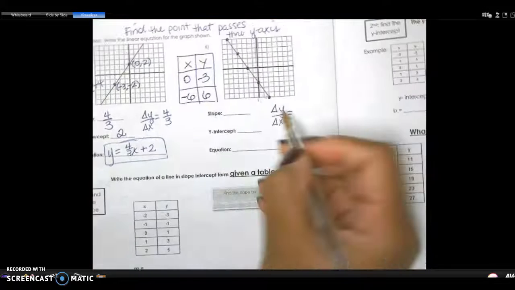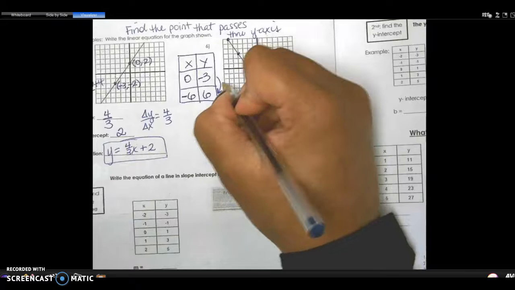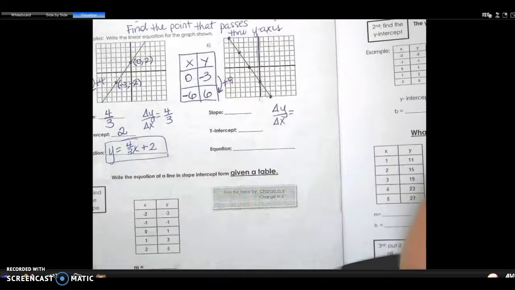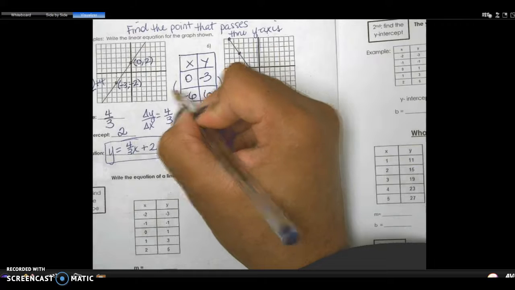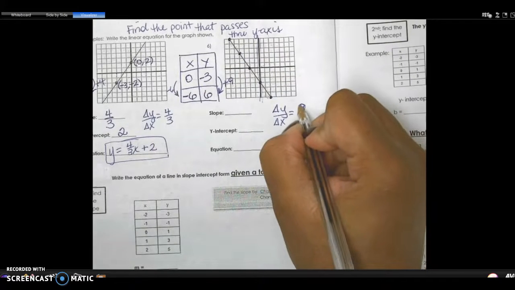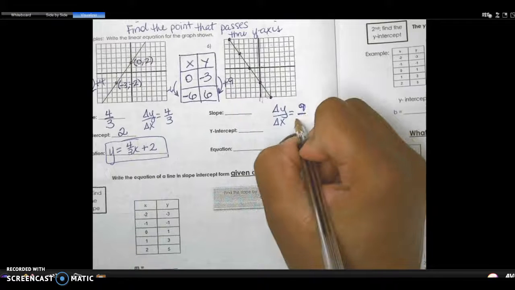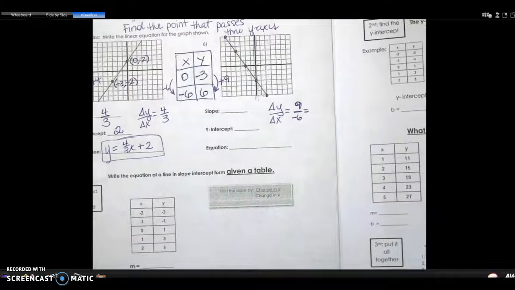Then, over here, how do I get from -3 to +6? That's +9. How do I get from 0 to -6? That's -6. I have +9 over -6. I can reduce this by 3.